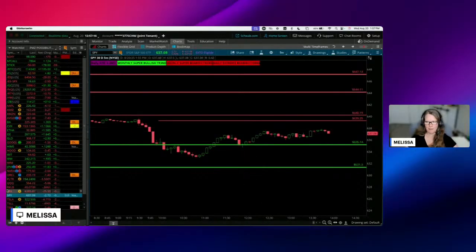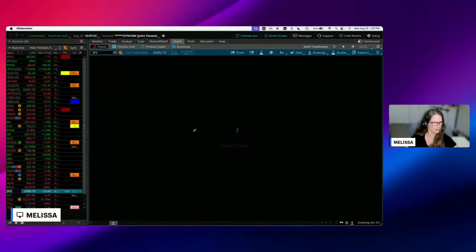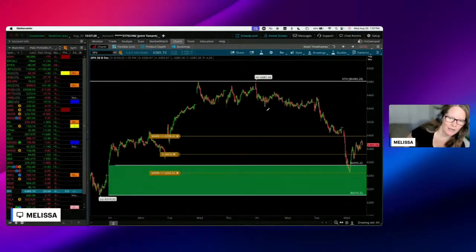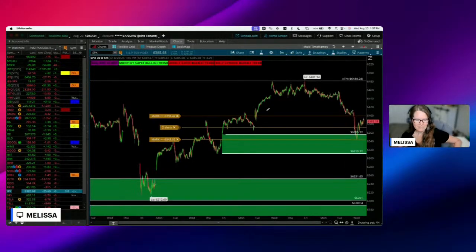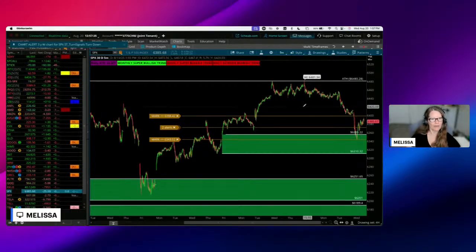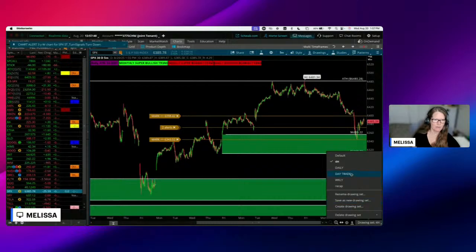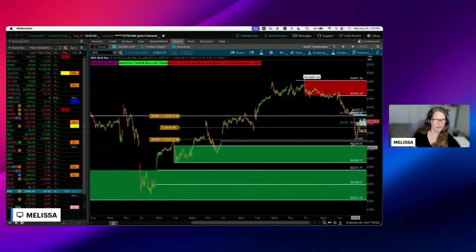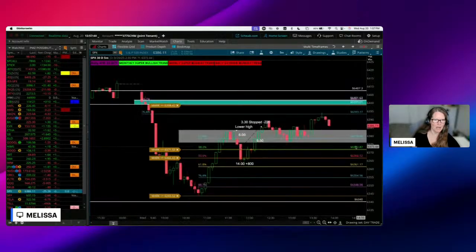In the meantime, I'm going to pull up an SPX chart right here because I took some trades. I draw my zones a little different because I'm more detailed with where I put the support and resistance zones, but the whole basic concept is the same.